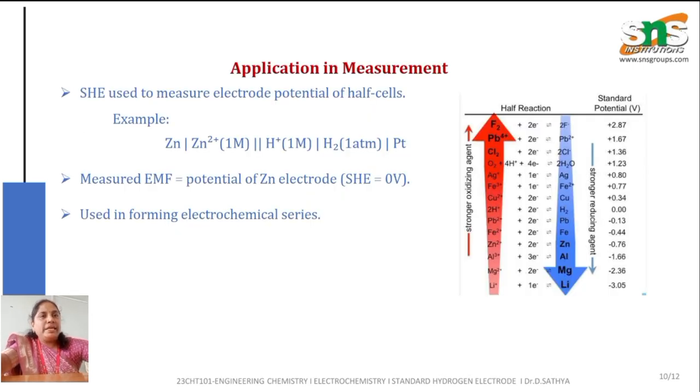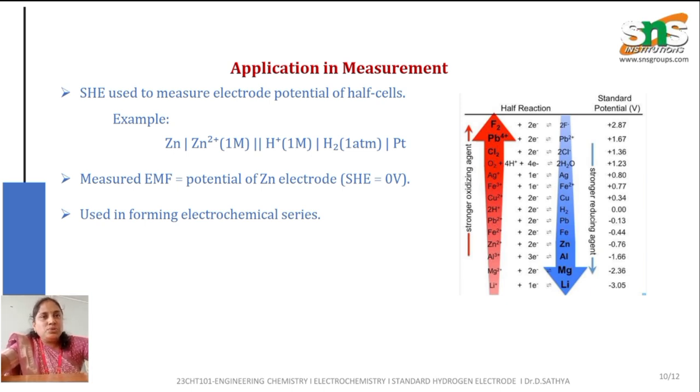So these are the applications of measurements. Here is the half-cell reaction and standard potential. We can calculate the electrode potential using the SHE for iron, lead, chlorine, oxygen, silver, copper, H plus, aluminum, magnesium, lithium. All the metals we can calculate the electrode potential using the SHE.